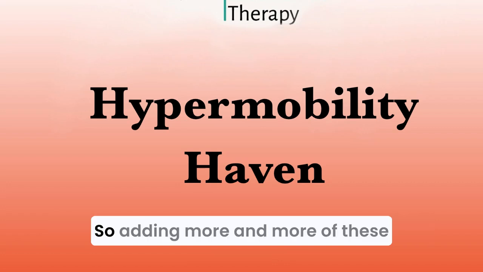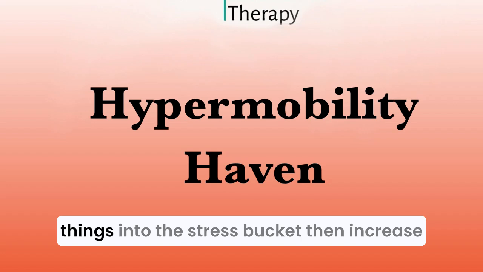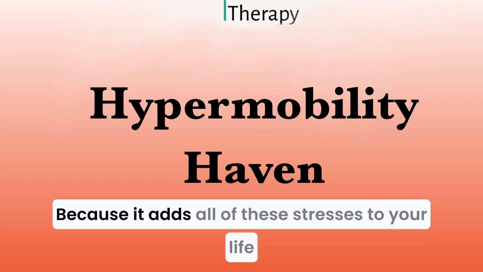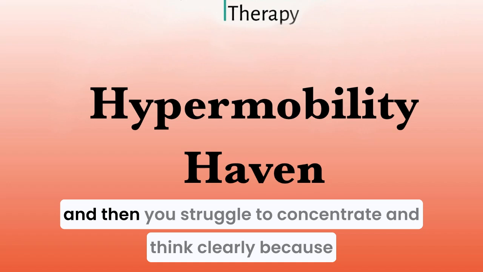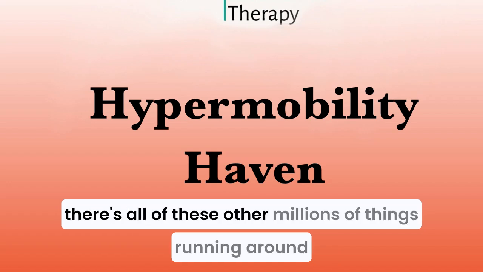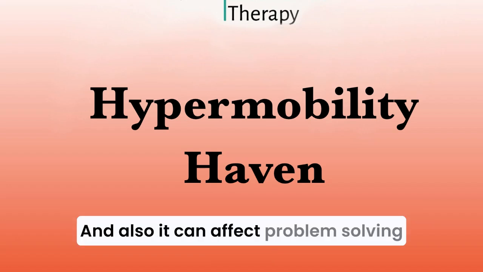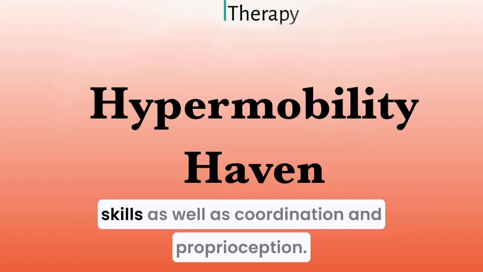Yes. Adding more and more of these things into the stress bucket increases the likelihood of you getting brain fog. Yes, because it adds all of these stresses to your life, and then you struggle to concentrate and think clearly because there are millions of other things running around your head, fogging up what you're doing. Yeah, and it can also affect problem-solving skills, as well as coordination and proprioception.